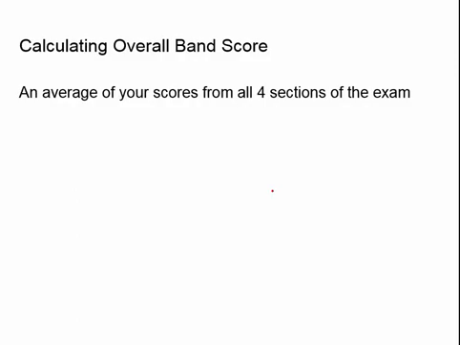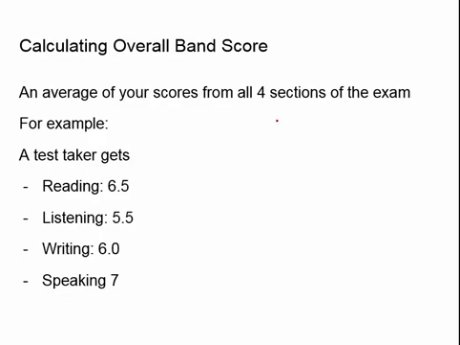All right, so how is a band score calculated? An overall band score is just, as I said before, an average of your scores from all 4 sections of the exam. So for example, if this student gets a 6.5 in reading, 5.5 in listening, 6 in writing, and a 7 in speaking, then we would just add all of these up and divide by 4.